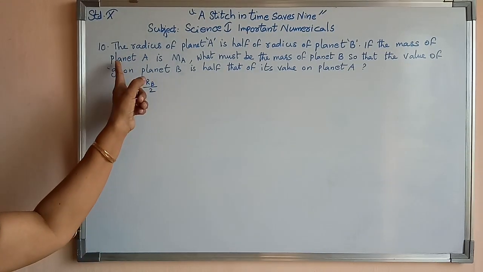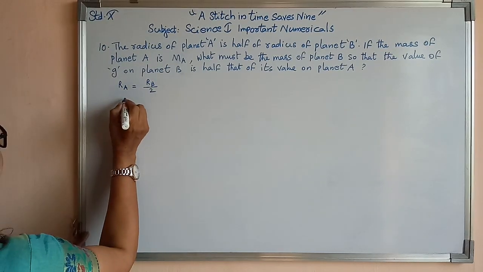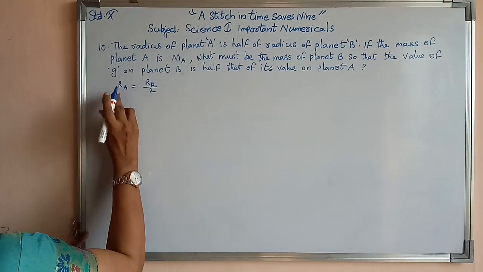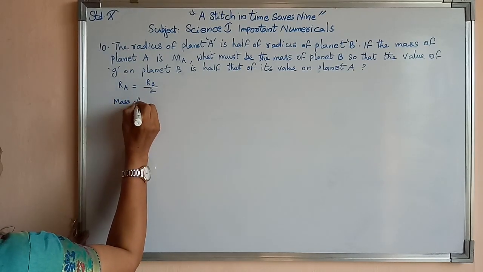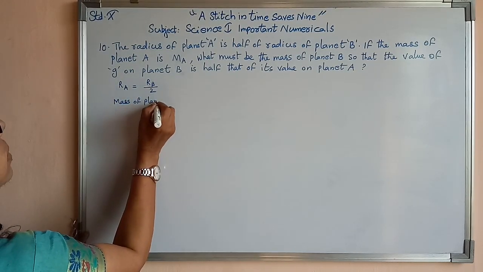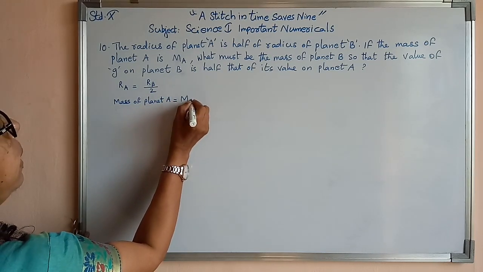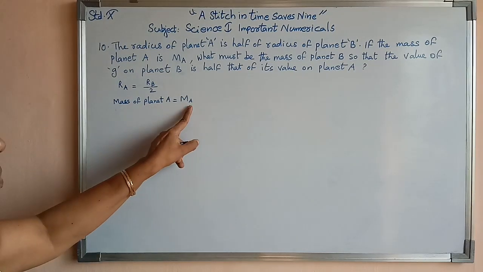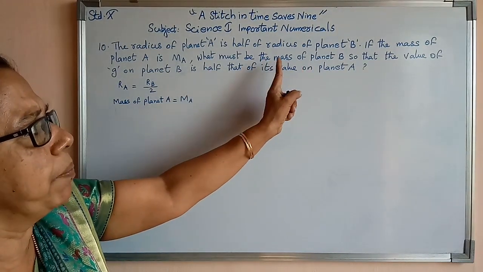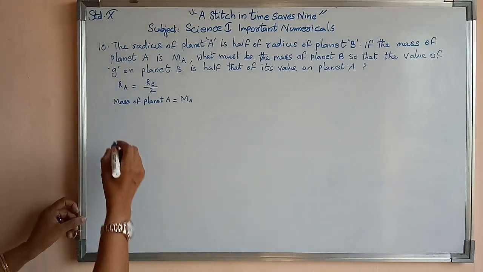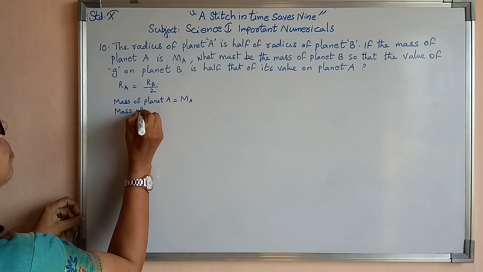If the mass of planet A is Ma, mass of planet A we can write as capital M, then below capital A. What must be the mass of planet B? Now the mass of planet B we need to find out.